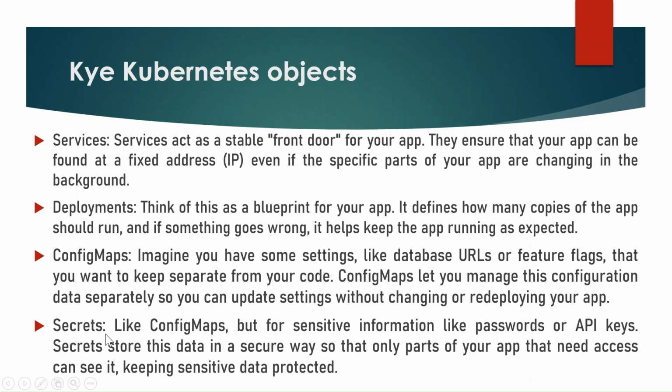The next one is secrets. Like ConfigMap, but for sensitive information like passwords or API keys. Secrets store this data in a secure way, so that only the parts of your application that need access can see it, keeping sensitive data protected.